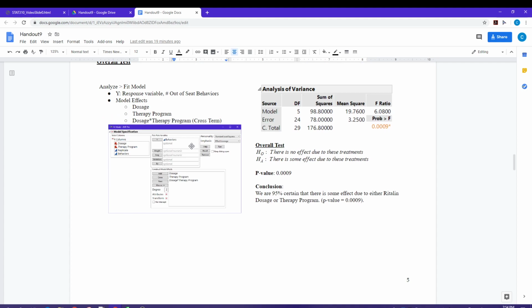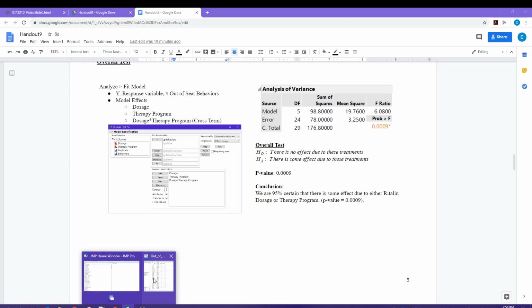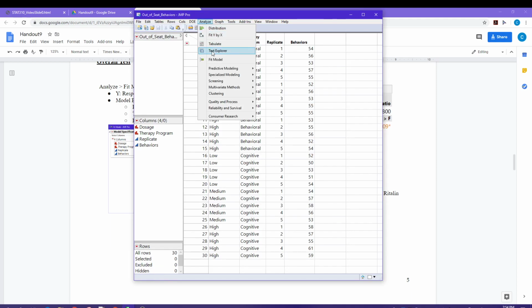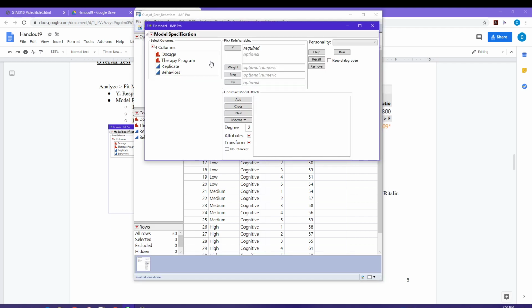All right, so one thing that I want to show you is just how to set your model up. So I'm going to go over into JMP and do that. A lot of the output you'll find here, I screenshotted all those and we'll go through that. So to do a two-way ANOVA here, I need to go Analyze, Fit Model. My behaviors is my response.